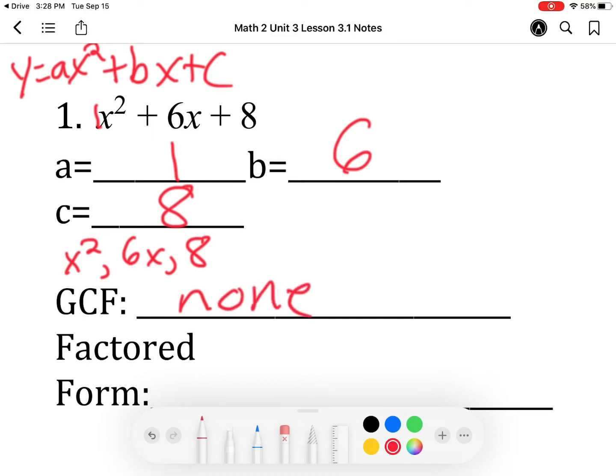So to create this factored form, what we're going to use is the big X method.